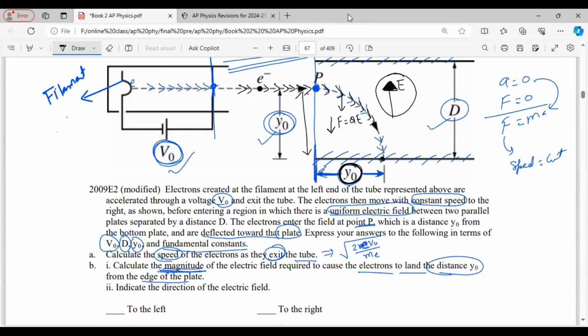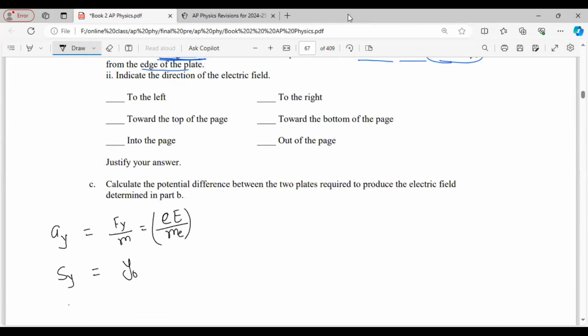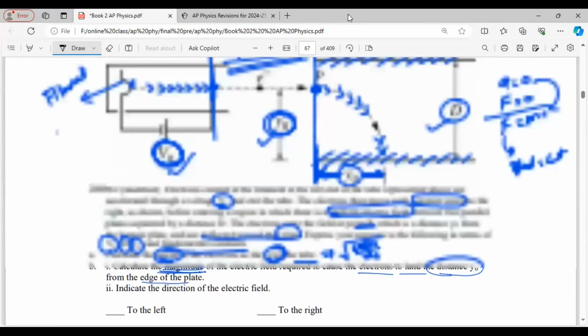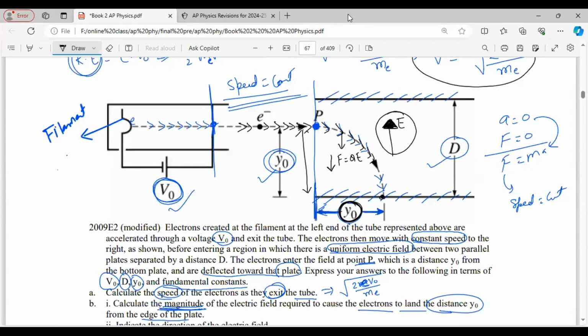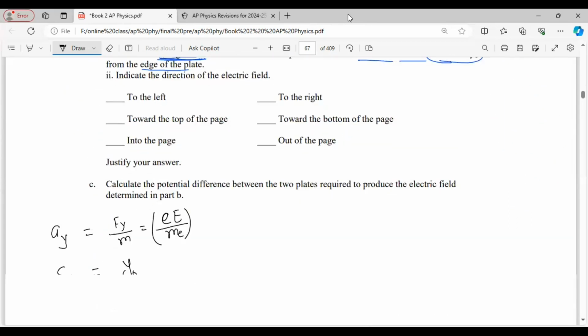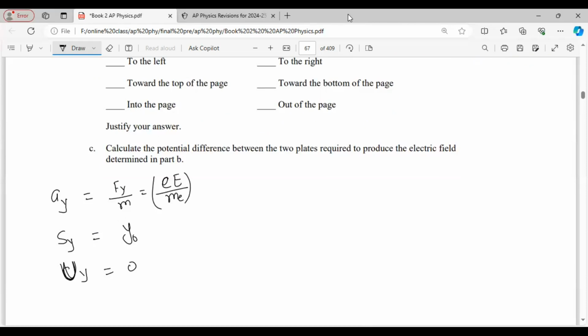in the vertical direction. So can we apply, what was the initial velocity in the vertical direction? Initial velocity, that is u. Initially the vertical velocity will be 0 because the electron was coming horizontally, so there was no vertical speed. So can we apply the distance in the vertical direction?